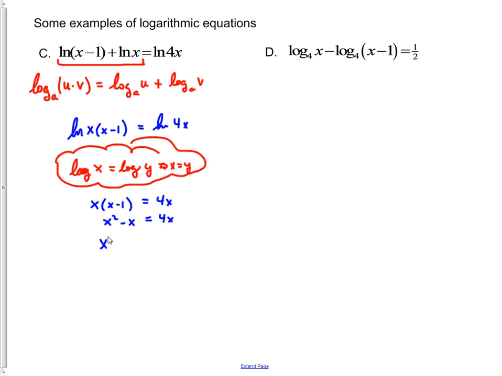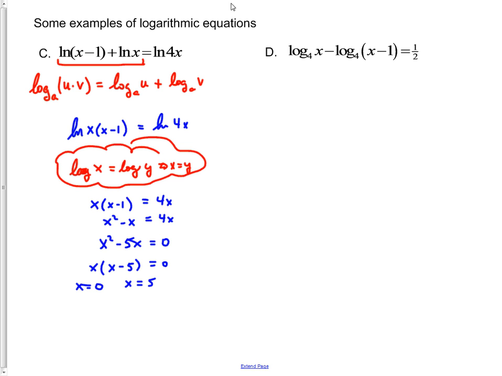So we would have x squared minus 5x is equal to 0. Now we have to factor. We get x times the quantity x minus 5 is equal to 0. And this is going to give us two possible solutions. It's going to give us x equals 0 as one possible solution, and x equals 5 as our other possible solution.